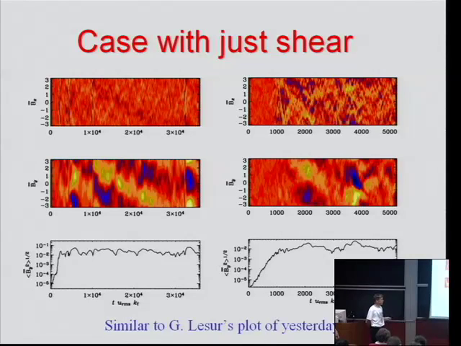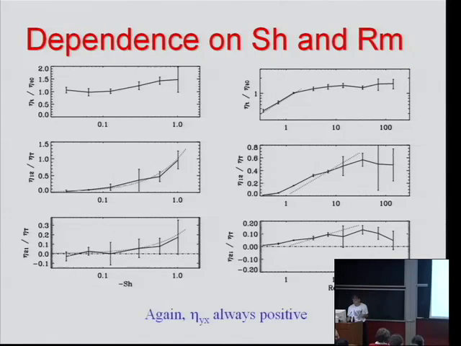So there is similarity with pictures that we have seen yesterday by Geoffroy-Lesur, and the question is, how can those magnetic fields be explained if it's not the shear current effect, and since there's also no alpha effect?